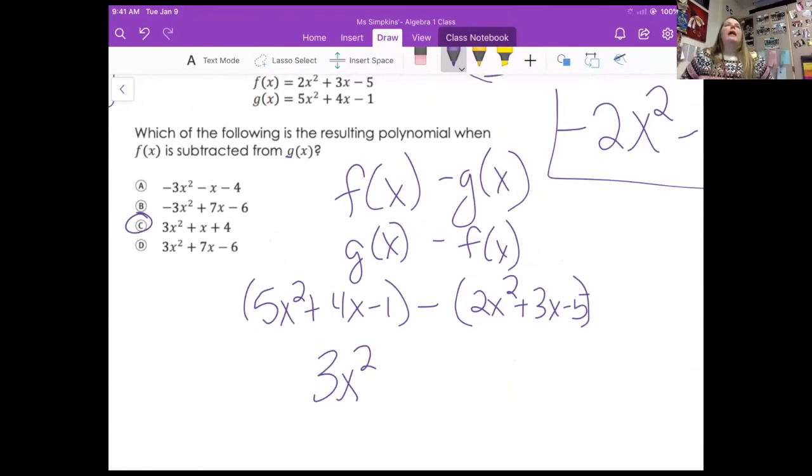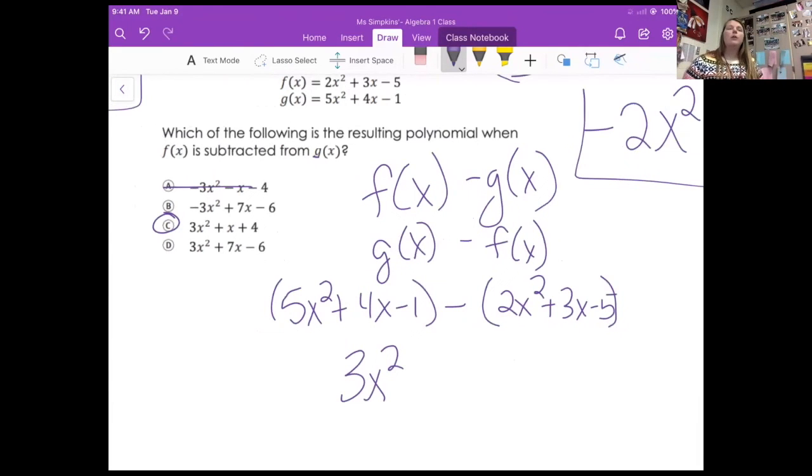So just doing that eliminates what two answers? The A and B, because both of those have a negative 3x squared. And then I can take my middle term, my x term, 4x minus 3x would be x. Guess what? You don't even have to finish it because which one of those says 3x squared plus x? C.